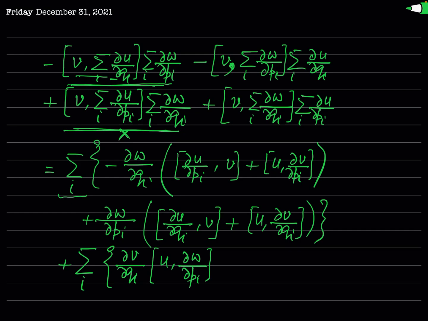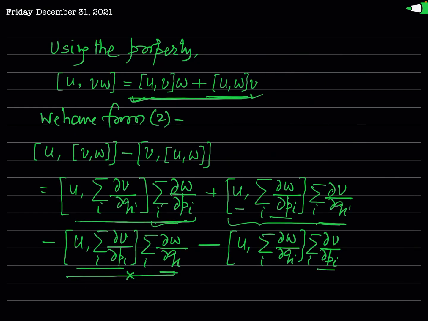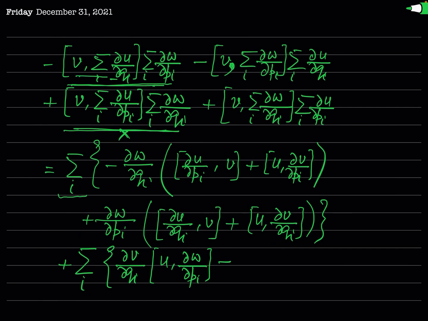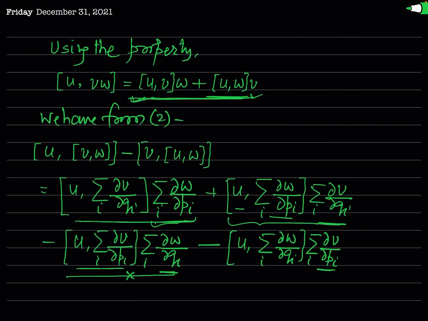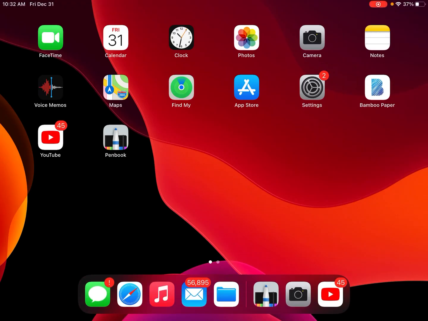Now again you can see there is del v by del pi here with minus sign. So write the minus sign here, and there will be del v by del pi times Poisson bracket of u and this much.